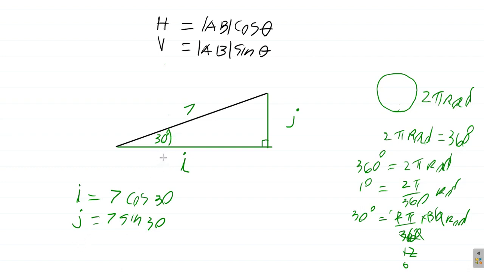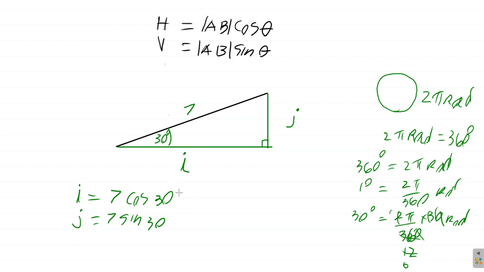So here now, this 7 is really the magnitude, which is I plus J. So you go I and you go J. Those would be the horizontal and the vertical components of the vector.